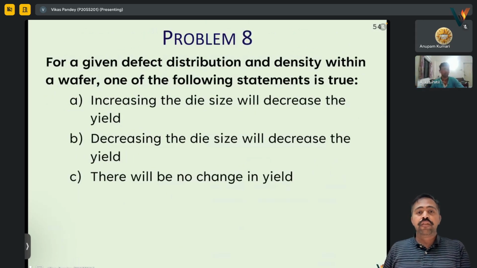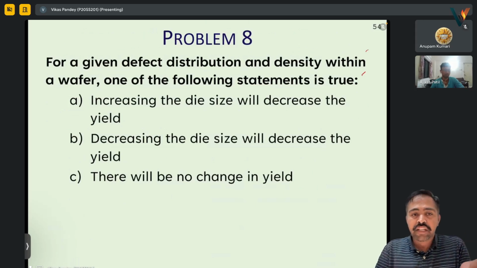For a given defect distribution and density within a wafer, which of the following statements is true? Increasing the die size will decrease the yield, decreasing the die size will decrease the yield, or there will be no change in yield.